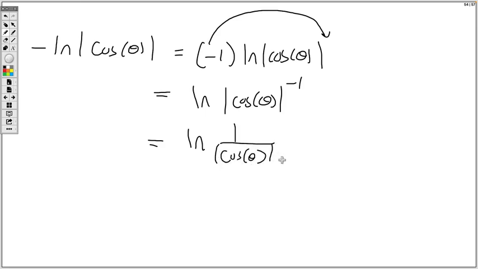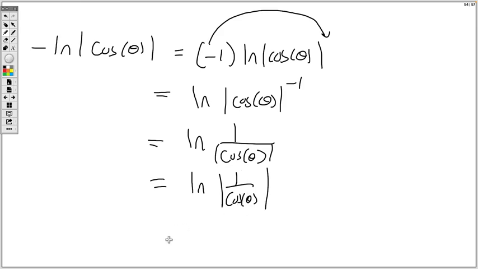So far so good, folks? Now, how do absolute values work? I could rewrite this as the natural log of the absolute value of 1 over cosine, because the absolute value is there to make sure that the cosine is positive. So I could flip the cosine over and then make sure it's positive.